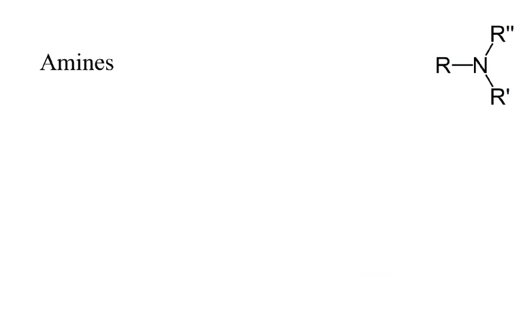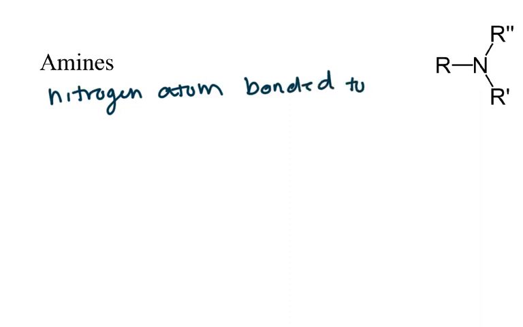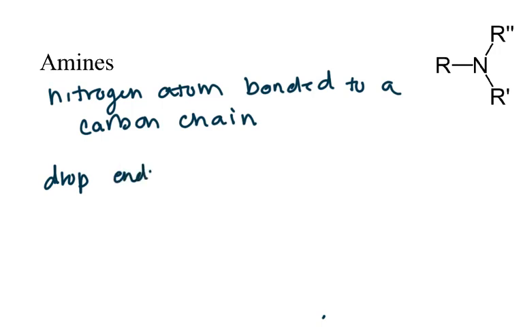Okay, so amines, however you want to say it. This is a nitrogen atom bonded to a carbon chain. We drop the ending and change it to amine. Okay, so let's take an example here. 2-pentamine.